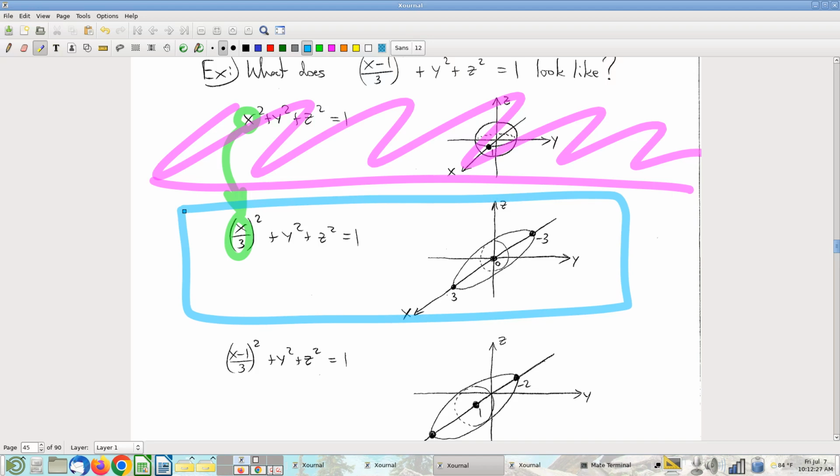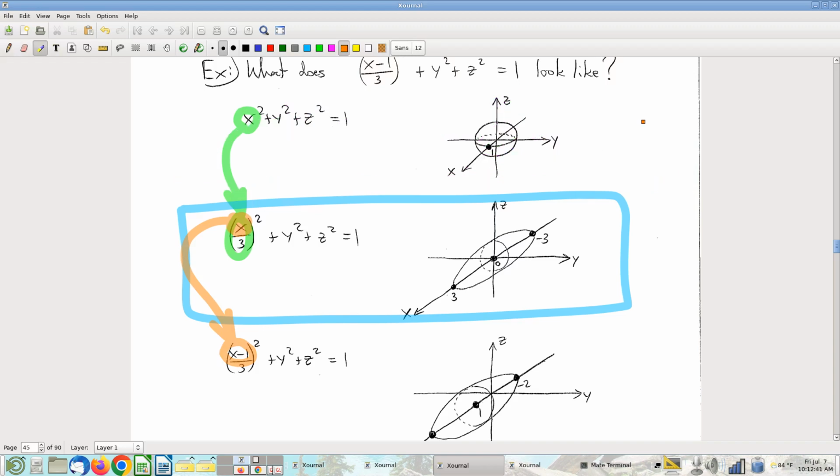So when I do a new replacement here, this x, only the x, gets replaced with x minus 1. Right? And then notice I get exactly what I wanted to get. This x minus 1 all over 3 is what I've got.